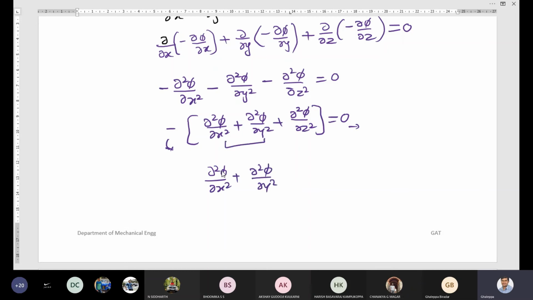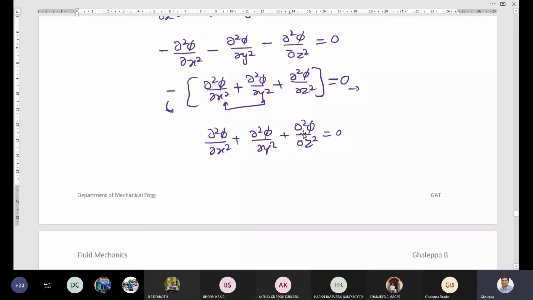If you write only these two, it will become for two-dimensional flow. If you write all three, then it will be for three-dimensional flow. But for your course, it is only two-dimensional flow. There are not many numericals on three-dimensional because it is a basic fluid mechanics course.